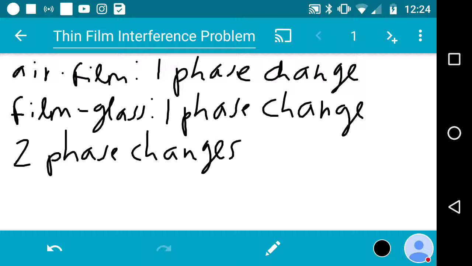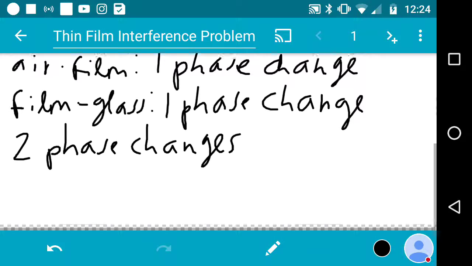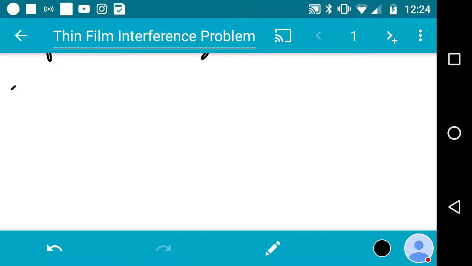Which tells us the equation we're going to want to use is 2t is equal to m lambda over n.